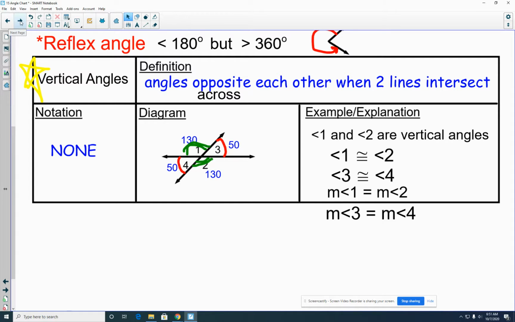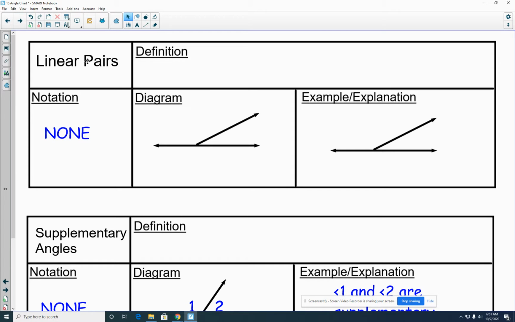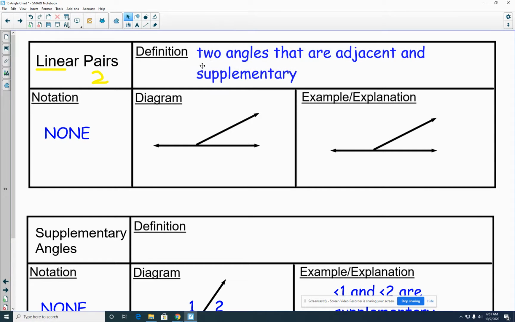Okay, moving on to something that we call a linear pair. So if two angles are a linear pair, I'm hoping that in linear you see lines, right? And a pair means two. So the definition of a linear pair is specifically two angles that are adjacent and supplementary.